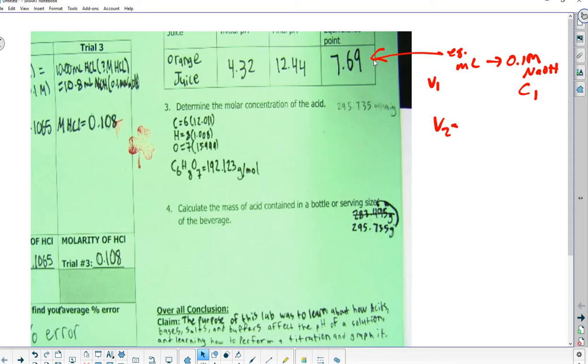So how many milliliters did you use? Did you use 10? Did you use 5? Did you use 2? Did you use 1? How many milliliters did you put in? This is what you pipetted. And then C2 is what you're trying to solve for here. So on number 3, you're trying to solve for C2.